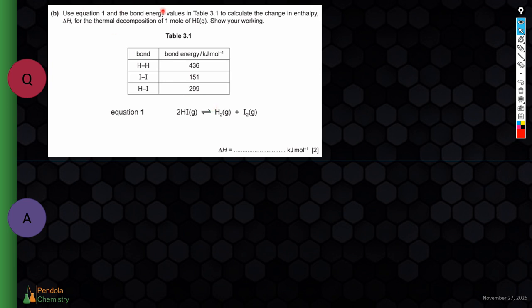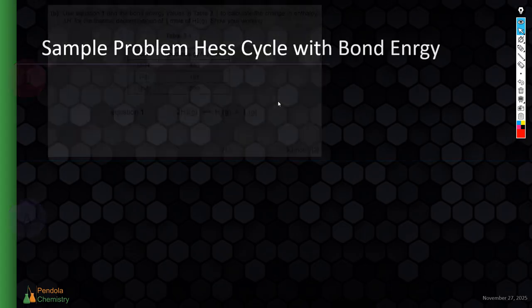Use equation 1 and the bond energy values in table 3.1, so they give us bond energies, to calculate the change in enthalpy, delta H, for the thermal decomposition of 1 mole of HI. Show your working. So they're asking us for the enthalpy change for the thermal decomposition of 1 mole of HI, which essentially just means show the enthalpy change of the reaction.